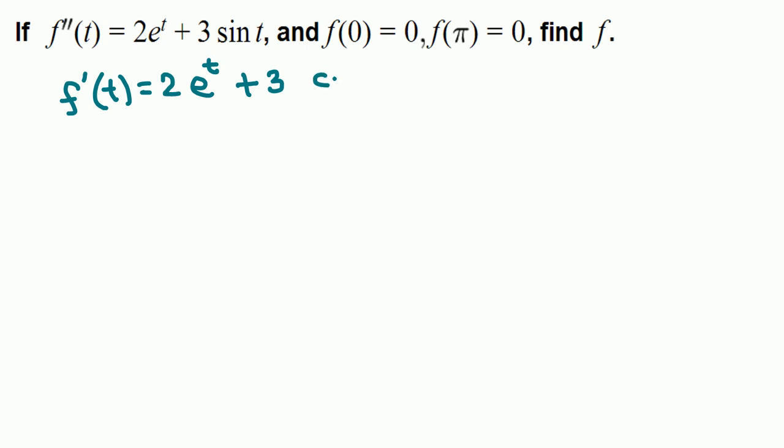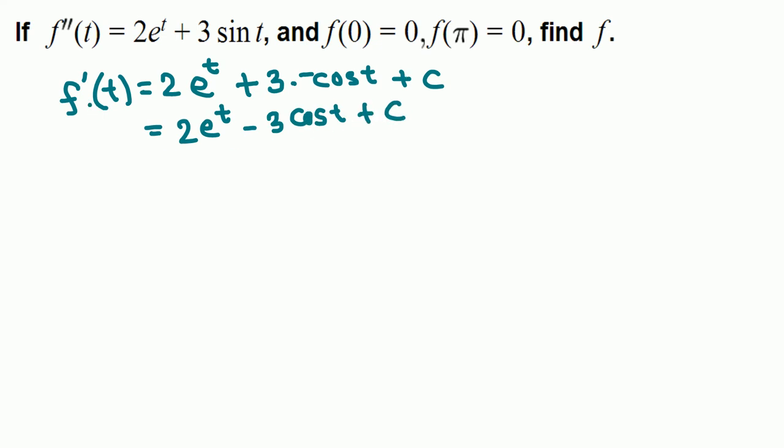That's cosine t, but the derivative of cosine t is negative sin t, so we have to put a negative here. Then 3 times negative cosine t, and plus 0 is always there, so we write plus c. The derivative of c is 0. Let's rewrite: f prime of t equals 2e^t minus 3 cosine t plus c.